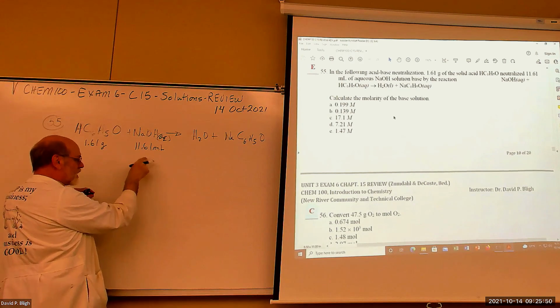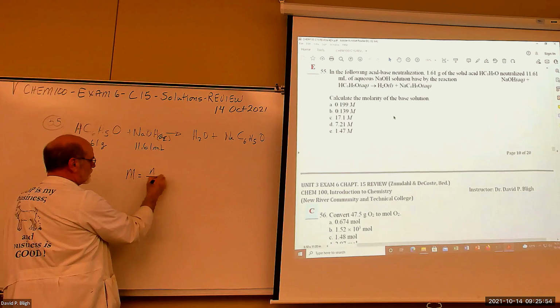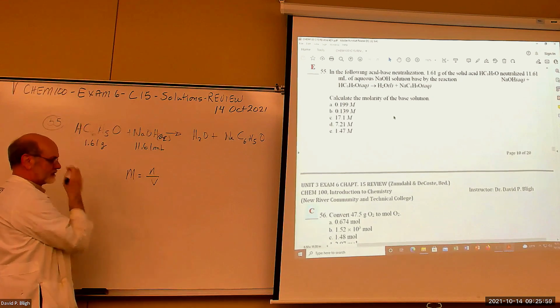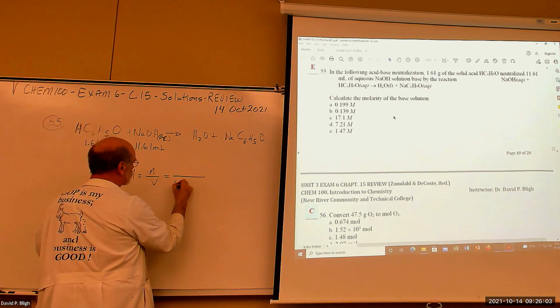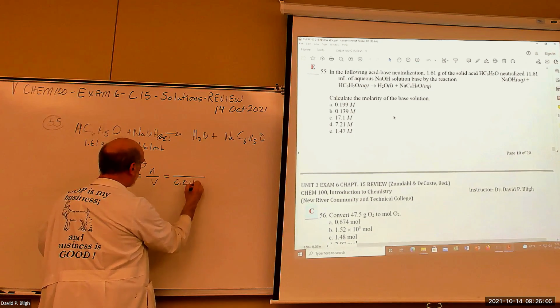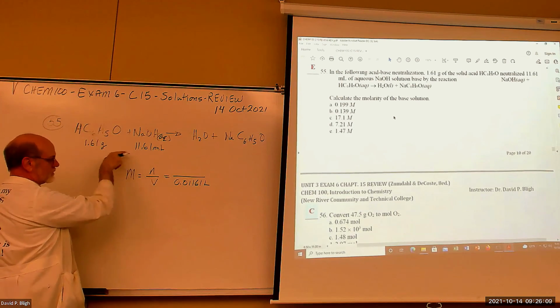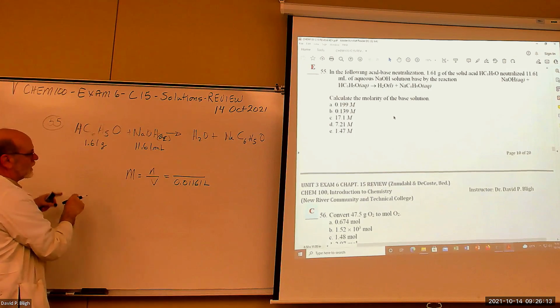So what do we need to know to find the molarity of that solution? We need to know the number of moles because we have the volume. Right? So the volume is 0.01161 liters. Just move the decimal place to the left. We need to find the moles.